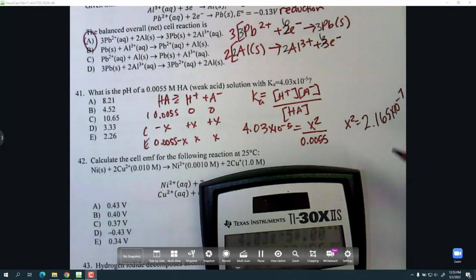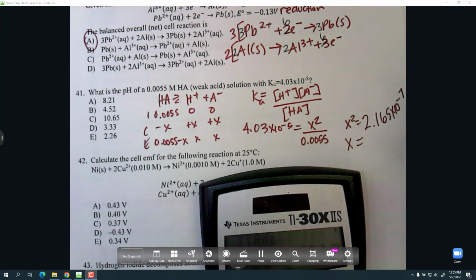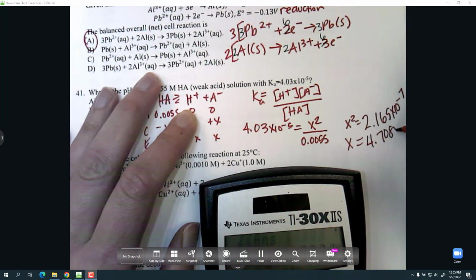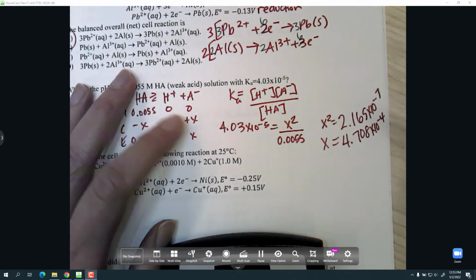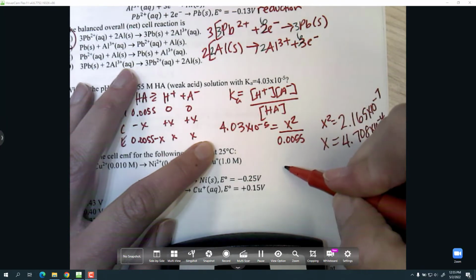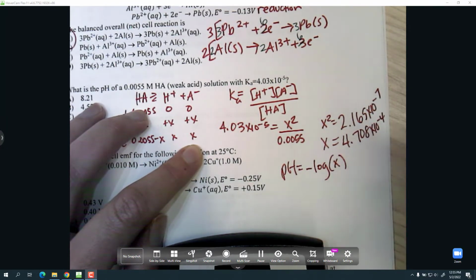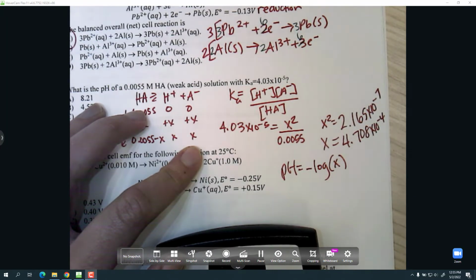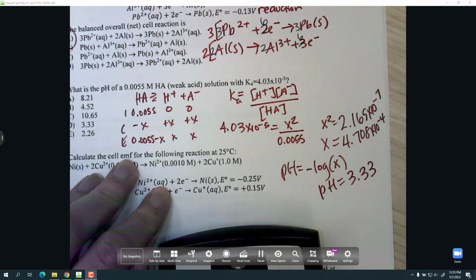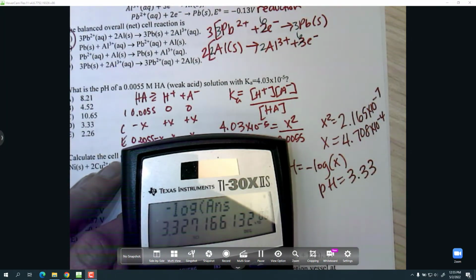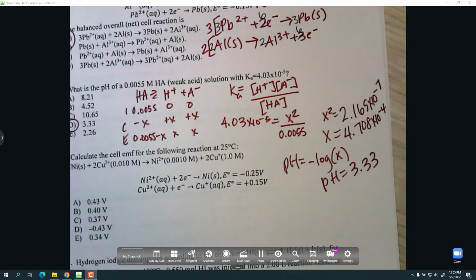So that's my number, square root of that. And then pH is the question, so minus the log of that. Sorry, I got minus the log of it, 3.327, so 3.33 for that.